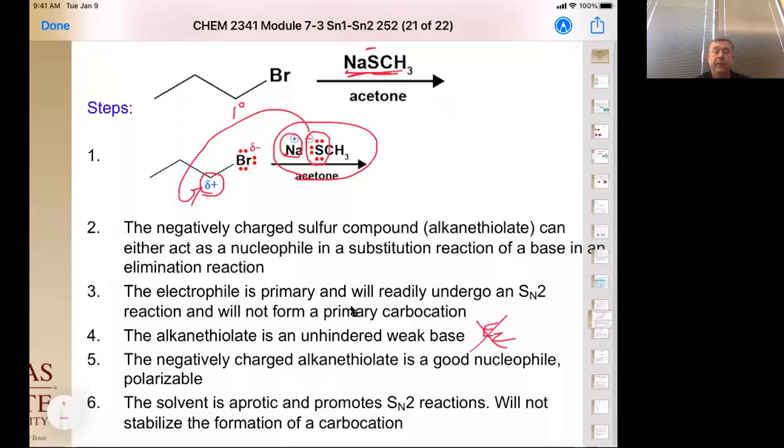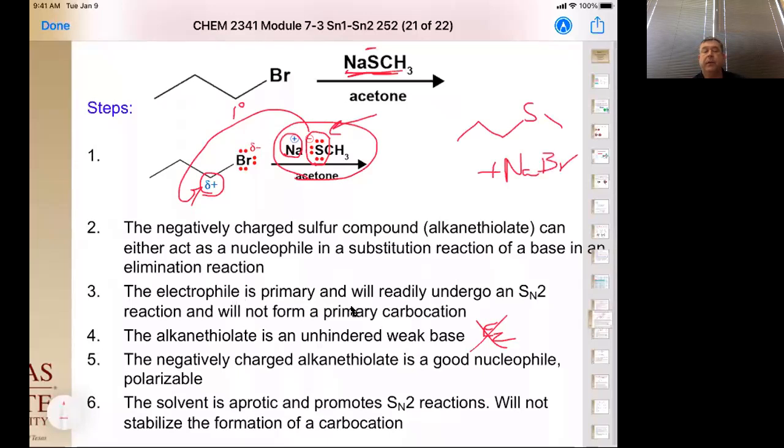And we have a very polarizable negative charge here, which means it's definitely going to go in the substitution reaction. And we have an aprotic solvent, which says we have to go through an SN2 reaction because we can't form that carbocation. So that means our major product is going to be our substitution product plus sodium bromide.